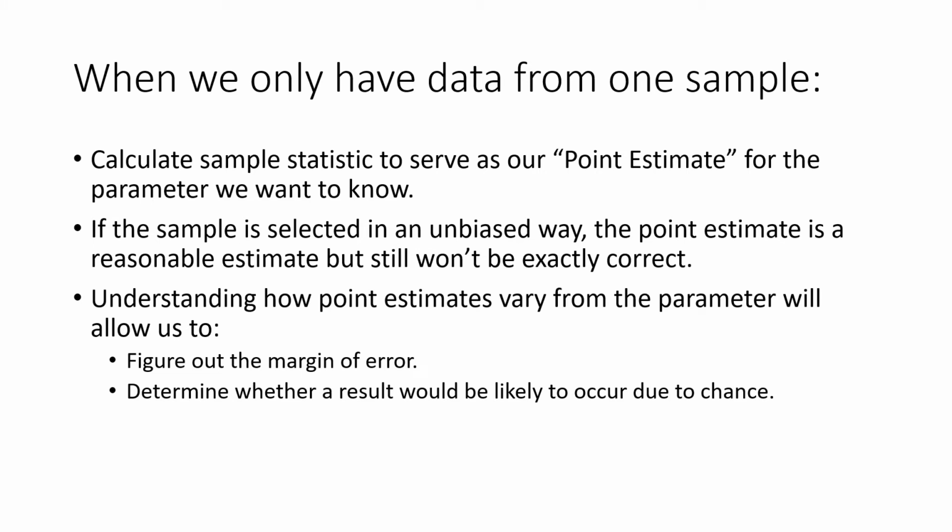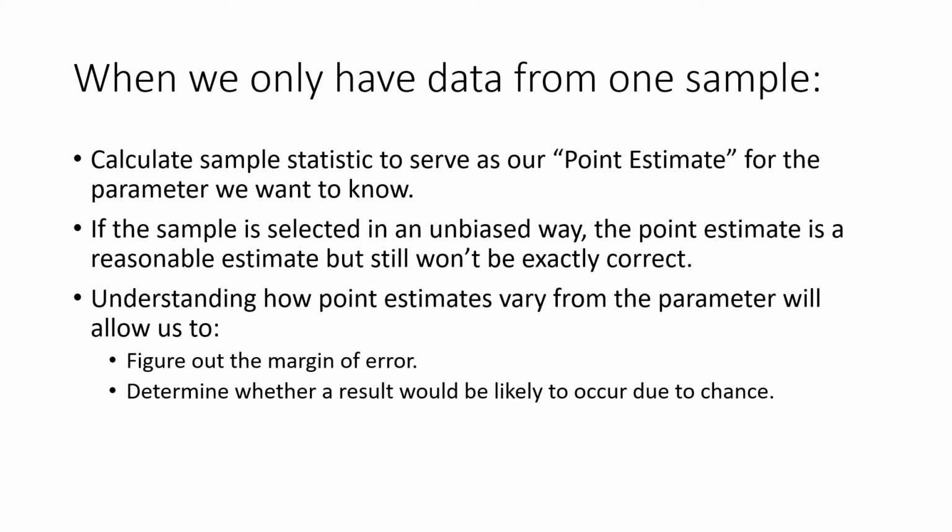And so understanding how our point estimates would be expected to vary from the parameter will allow us to figure out how large the margin of error is for our point estimate, and also determine whether a result would be likely to occur due to chance.